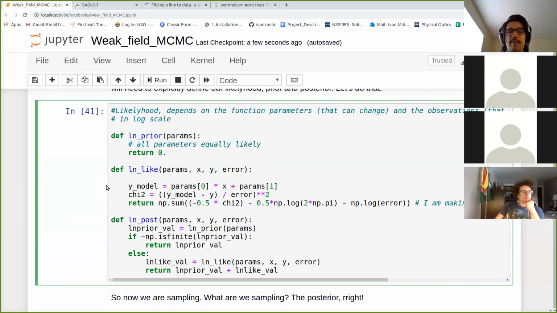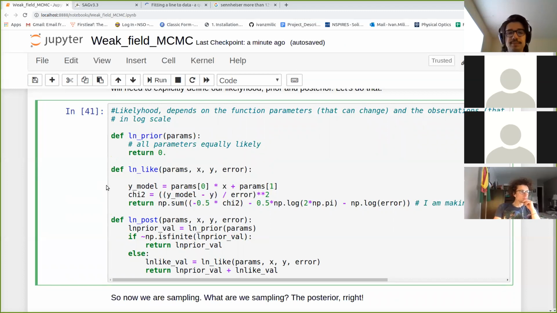However, now we don't know anything about the magnetic field. It could be -1,000,000, it could be 0, as far as we know. Of course, it could not be -1,000,000. So what I'm going to do is use this function, called ln prior, which, given the values of slope and intercept, always returns 0. Don't be confused by the return 0 that I'm using; it's because everything is in log scale.